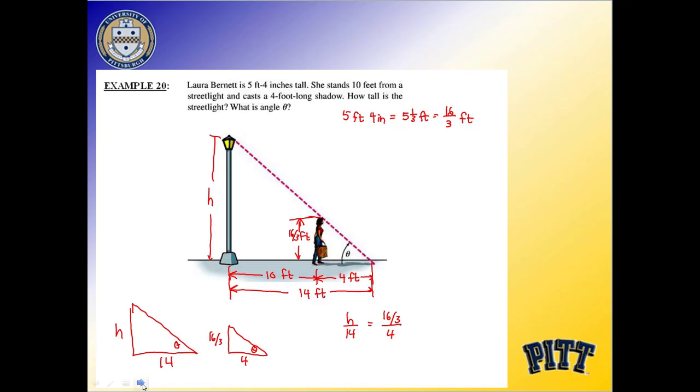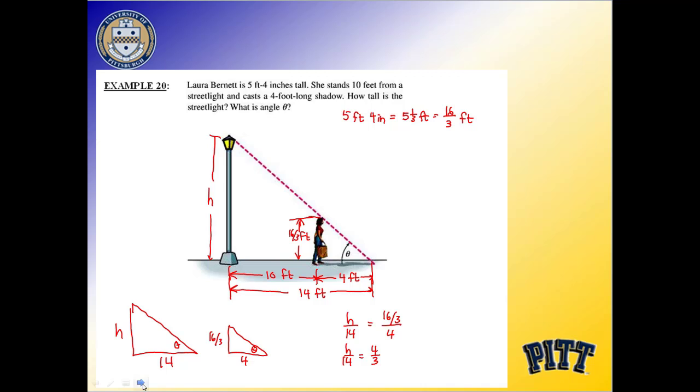And in geometry courses nowadays, they often talk about the trig functions because trig functions are a direct result of similar triangle information. So h over 14 equals 16/3 over 4. I don't like having a fraction with a fraction, so using my rules for fractions, which you're expected to know, 16/3 over 4 is the same thing as 16 over 12, which is 4/3. Okay, so h over 14 equals 4/3.